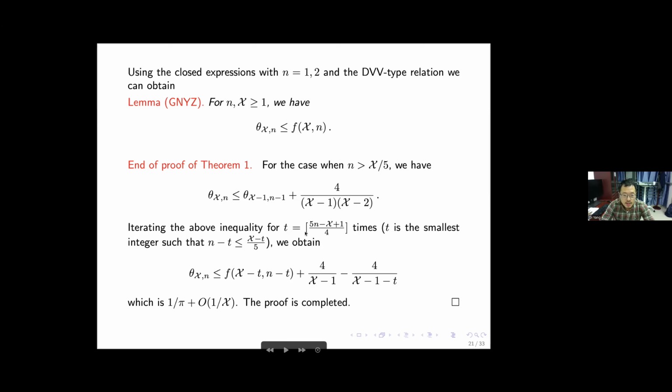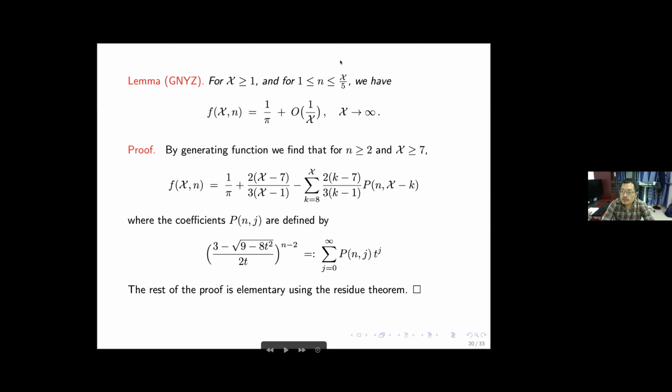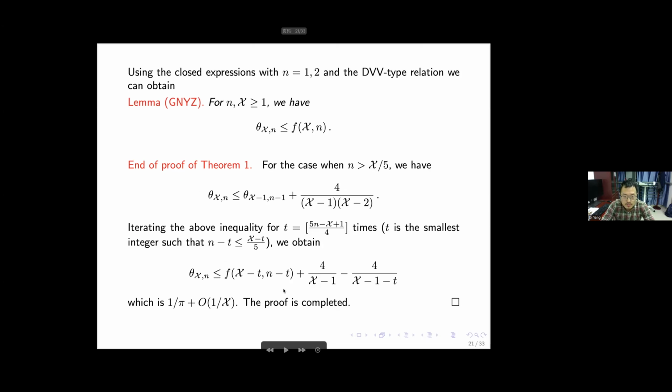This integer is the first time when n minus t is smaller than or equal to chi over 5, so that we can use this estimate. After the iteration we obtain this inequality, and it tends to 1 over pi. So this gives the proof.